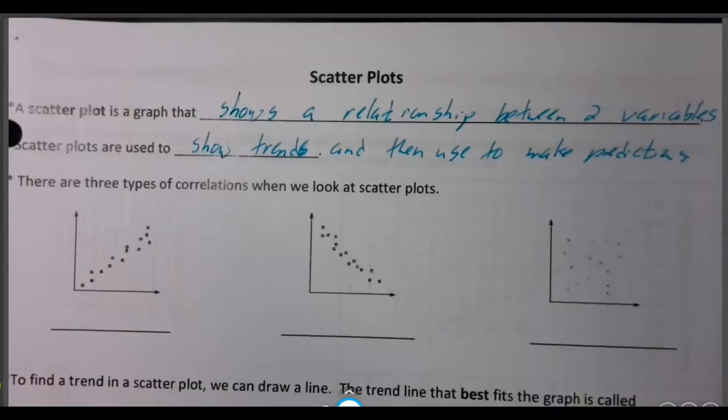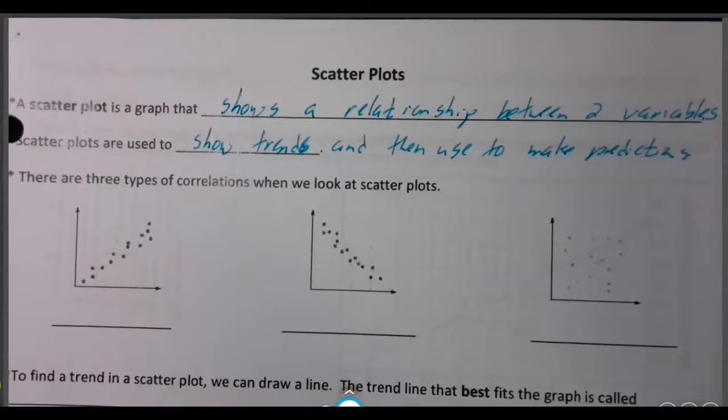And in insurance, an actuary determines how much insurance would cost according to the trends. So for instance, 16-year-old boys, for some reason, have a higher incidence of getting tickets and having accidents. And so their insurance is higher than a 50-year-old male. So an actuary takes the information a lot of times through a scatter plot to see what the trends are. So this is actually something that's used in the real world in an occupation.